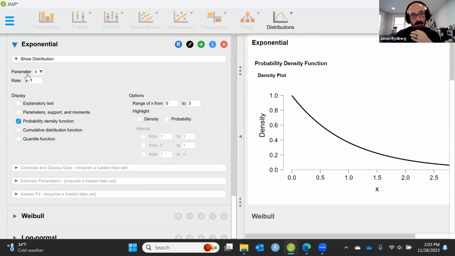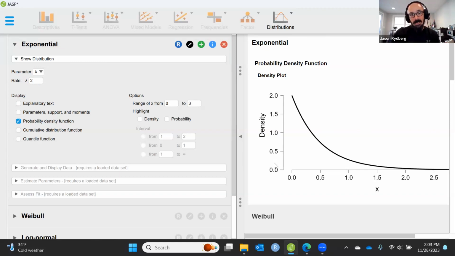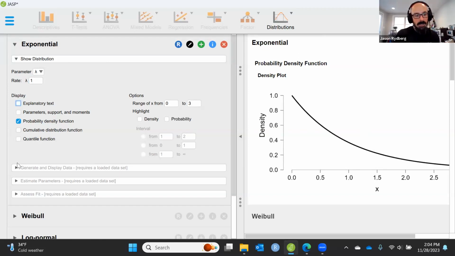So, for instance, here I've got the exponential distribution. It has a rate parameter. You can see how the distribution changes in shape as you update the rate. Let's see, this is working on Zoom, so it might take a second. You can see that changes a little bit, so you can explore how that works.